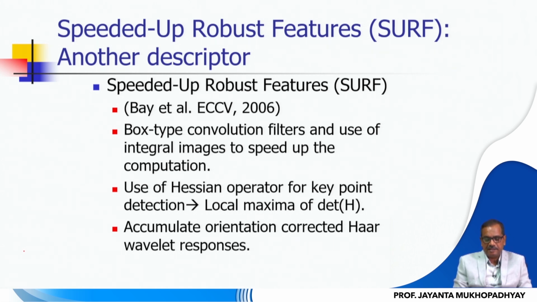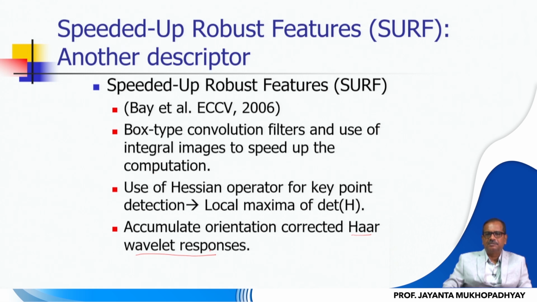Also, for the gradient computations, instead of gradient computations it uses Haar wavelet responses. So there your feature is not considering every possible gradient direction. Rather, it is considering certain fixed directions. Haar wavelet responses are designed in such a way that it is equivalent to finding changes in horizontal directions, changes in vertical directions, or changes in diagonal directions, say 4 directions.